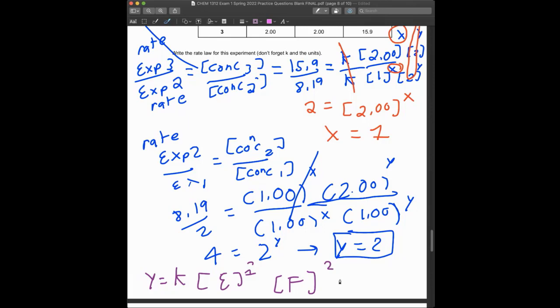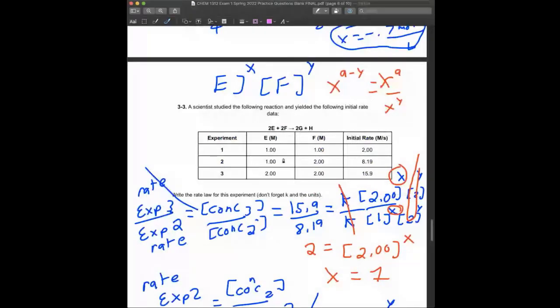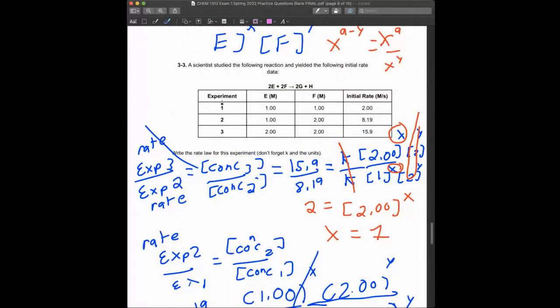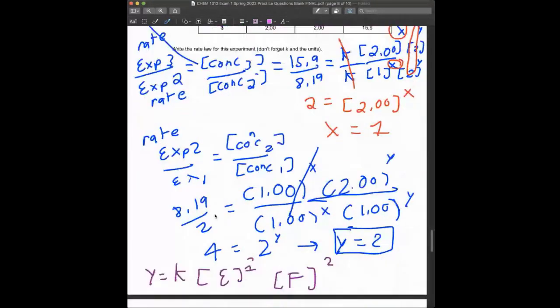Okay, cool. So with that being said, in order to find the K, what we have to do is just plug in the numbers. Take an experiment, let's say experiment 1, and then you plug it in there.